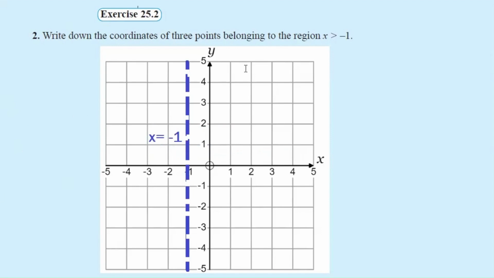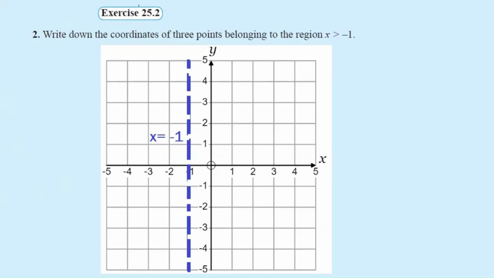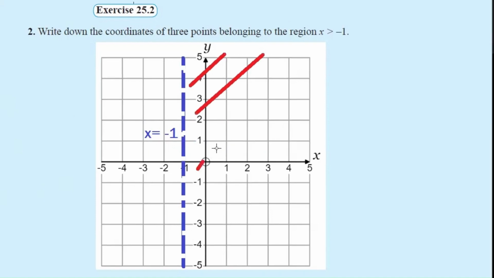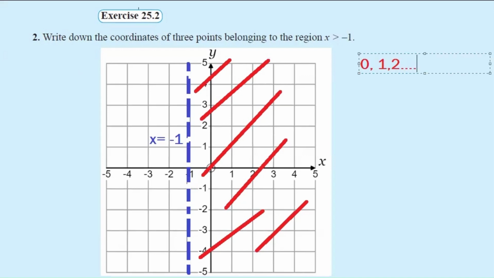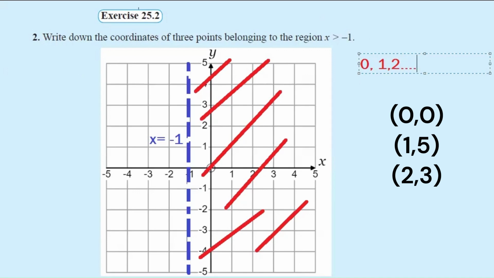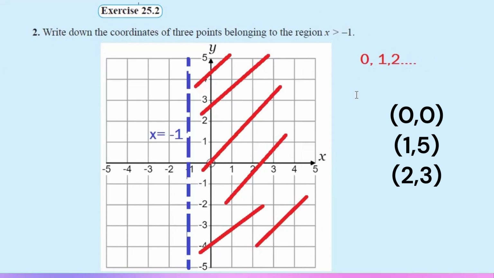Write the equation x equals minus 1. x greater than minus 1 means the x value should be more than minus 1, that means 0, 1, 2, 3. So we shade this region. You can see a few examples.